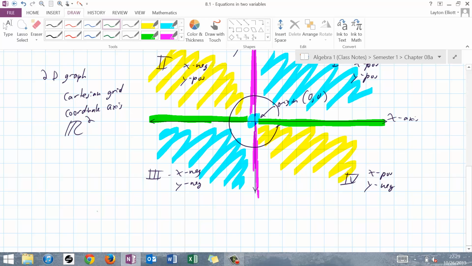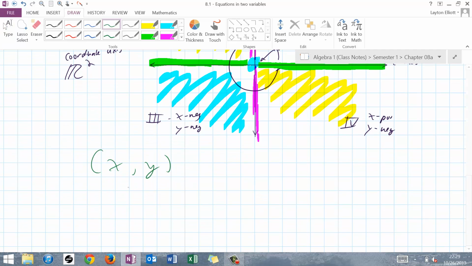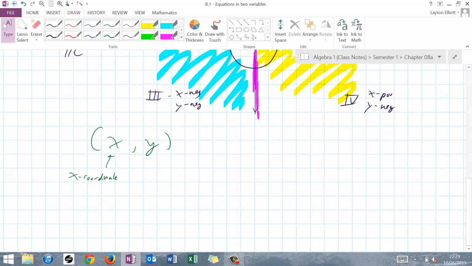Every single point on the grid has two coordinates to it. We have an x and a y, and these have different names as well. The x we can call the x coordinate. We can call it an element of the domain, meaning a piece of the domain. And we can call it the abscissa.